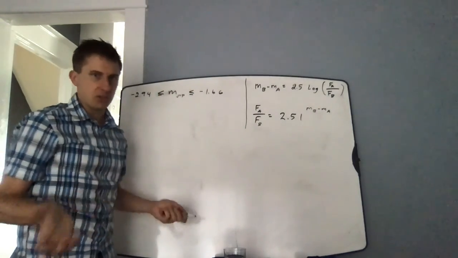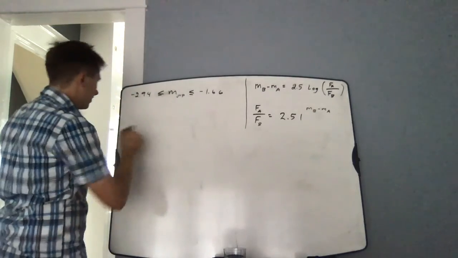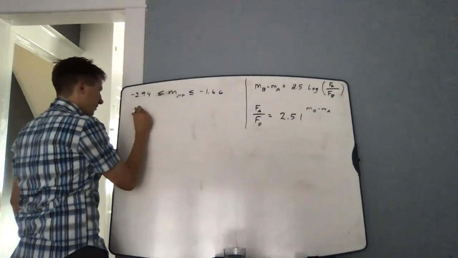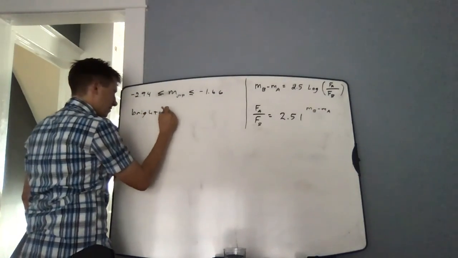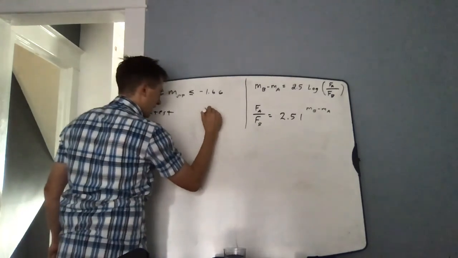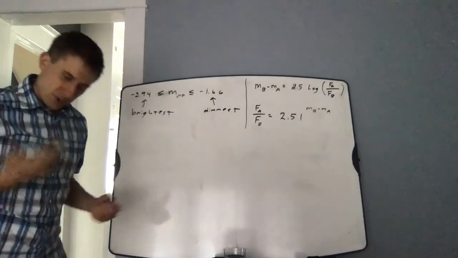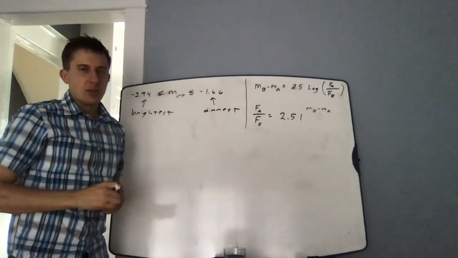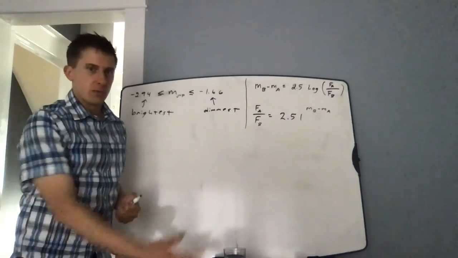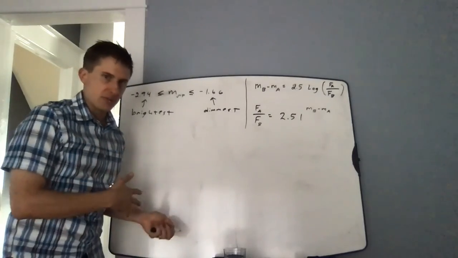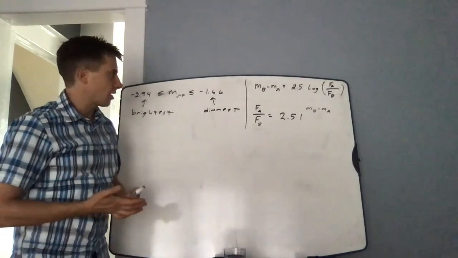So Jupiter is a really bright object. So this is Jupiter when it's at its brightest, and this is Jupiter when it's at its dimmest. So just remember, smaller numbers or more negative numbers mean brighter. So it's kind of an inverted scale.